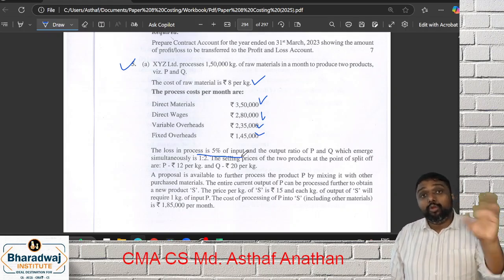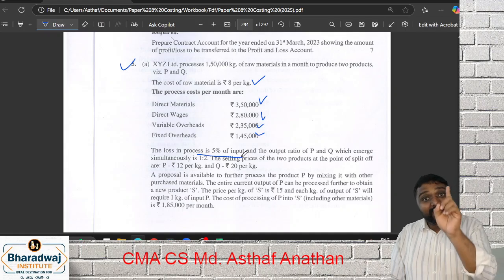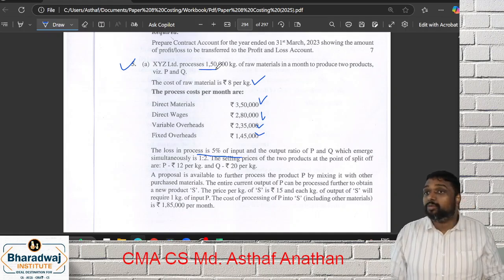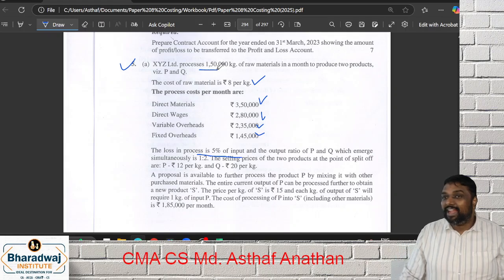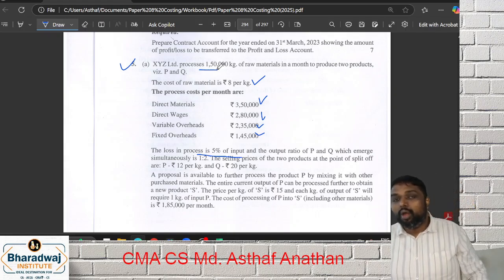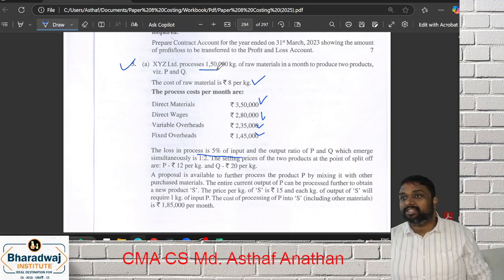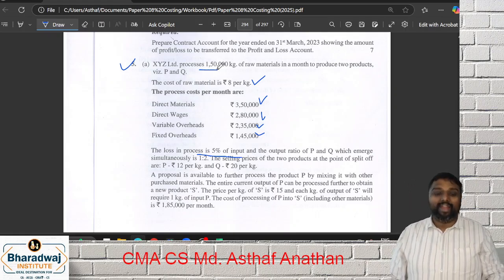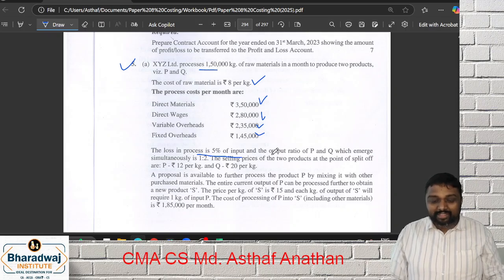That means good unit will be what? 95%. So if your input is 1,50,000, if 95% is a good unit, what will be the unit, friends? 1,50,000 into 95%. 1,42,500.